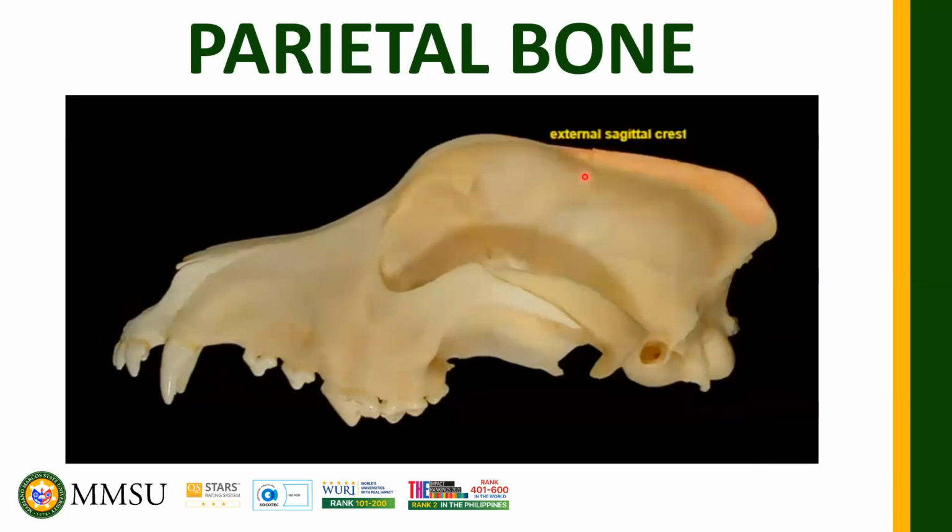Okay, then meron tayong tinatawag na external sagittal crest or simply the sagittal crest. Okay, so this is very prominent na ridge or crest that usually runs along the external surface of the parietal bones natin. So, ang pinaka primary function ng sagittal crest, this is for provision ng attachment site for powerful na jaw muscle.